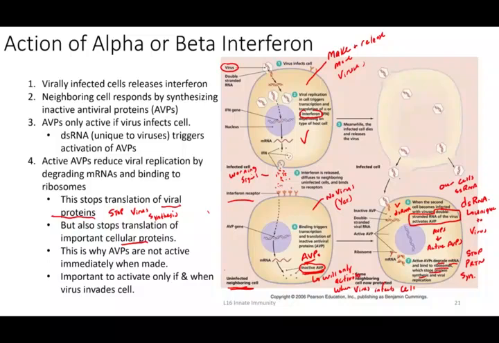If that virus arrives, then at that point we shut down the cell to prevent the virus from making more virus. But this cell can go around and do its normal operational activities, and if the virus never arrives, then that's great. There was kind of no harm. And then those antiviral proteins will degrade over time. So it works out. But it's an important early warning signal, this interferon that's released, to get the cell ready for an incoming virus, if that virus ever arrives.